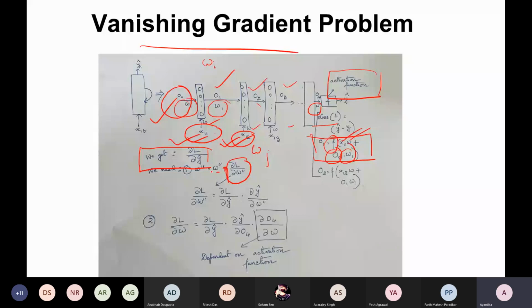Now, when we are computing this loss, the derivative of loss with respect to W double dashed, that is the weight at the last stage, by chain rule this can be expanded.